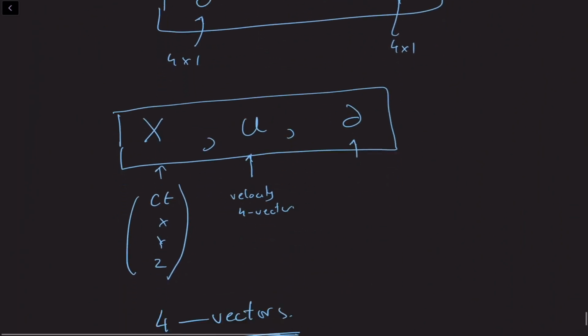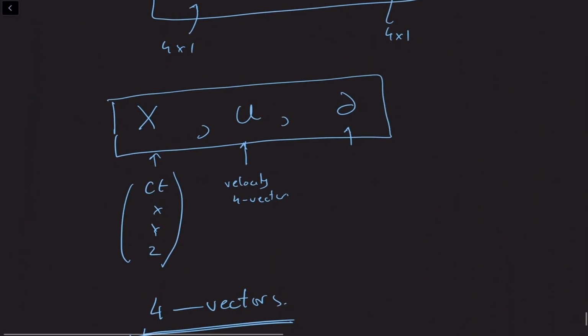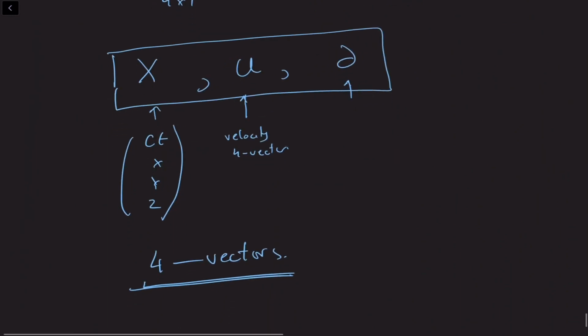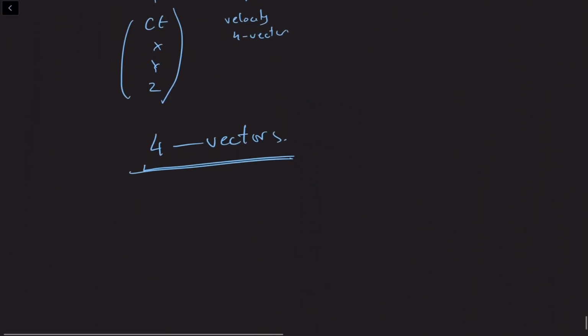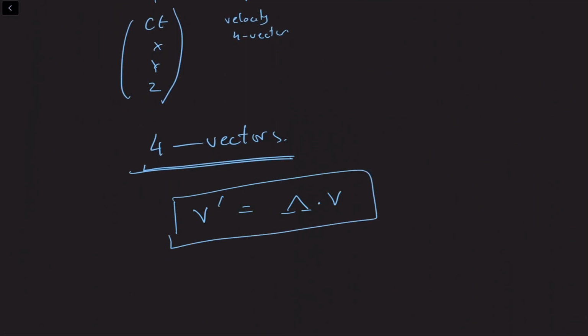If we correctly identify four vectors, we have very simple transformation laws for these four vectors. That is, any four vector will transform in this way. The trick is to figure out what is the right combination of variables that transforms as a four vector.